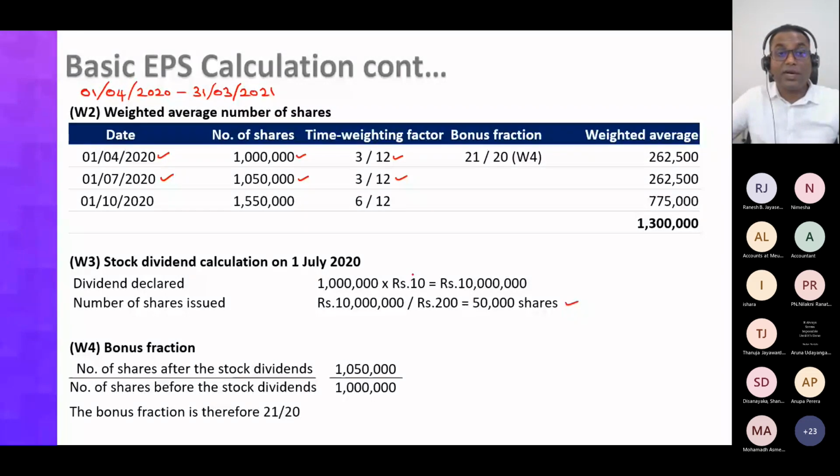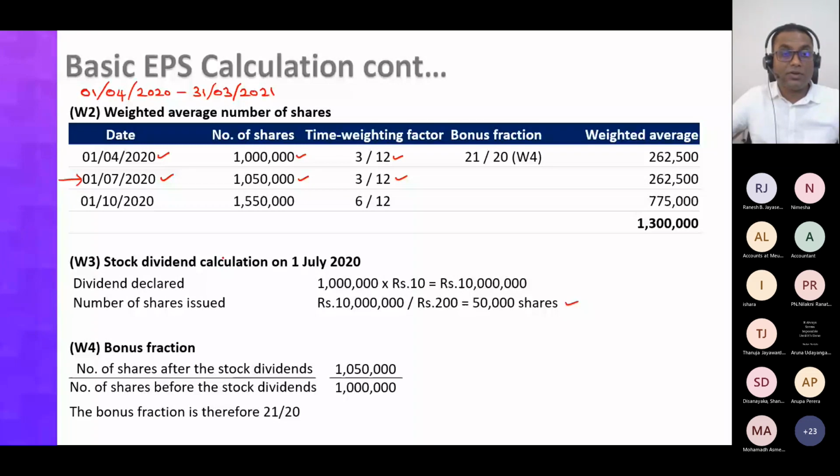Okay, for 3 months. Is that clear? Then when you have a share issue or change in the number of shares without change in the corresponding resources, you need to immediately calculate the bonus fraction to do the retrospective adjustment.